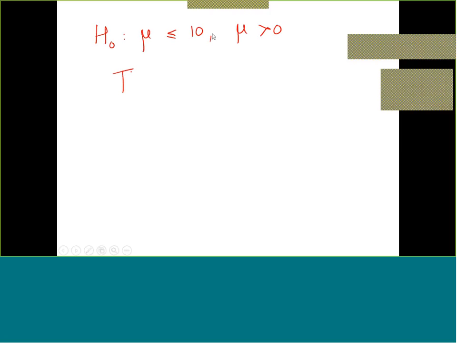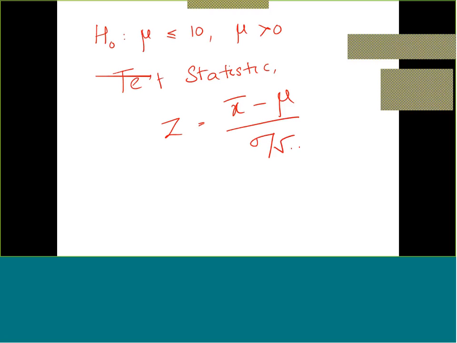Then you write the test statistic, for example, sigma known case: z equal to (x bar minus mu) by (sigma by root n) under H naught. Because under H naught there is an equality symbol, you can replace mu with 10.